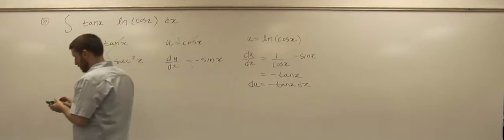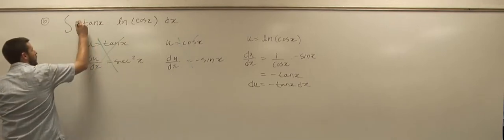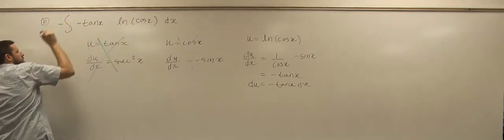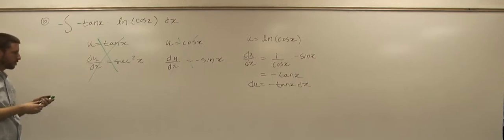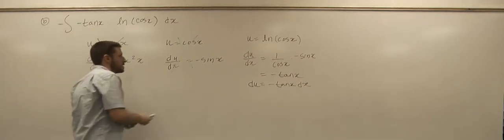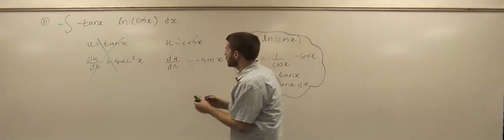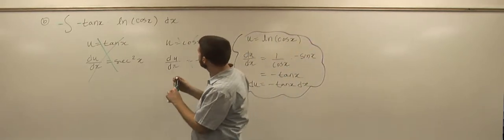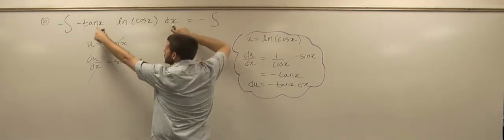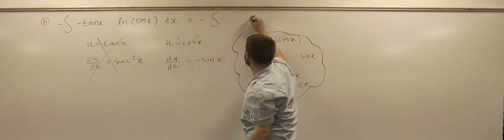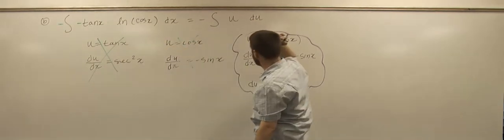This works. I have to fix it up a little bit because I don't have that negative. So I put one on the inside, one on the outside. So what am I going to get here? Negative integral of, this is all du. Negative tan x dx is du, and then ln of cos x is u.